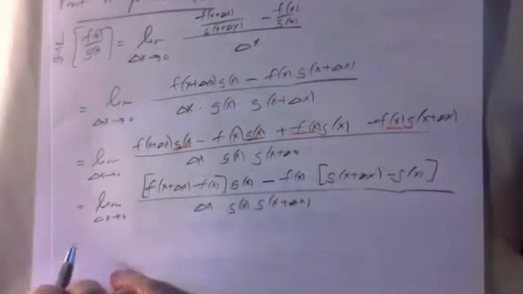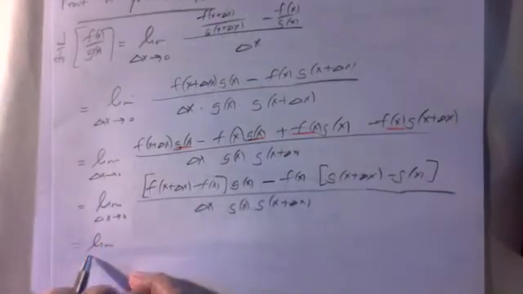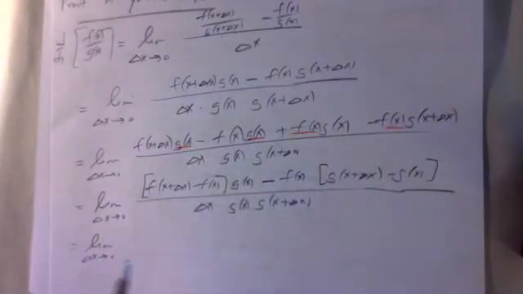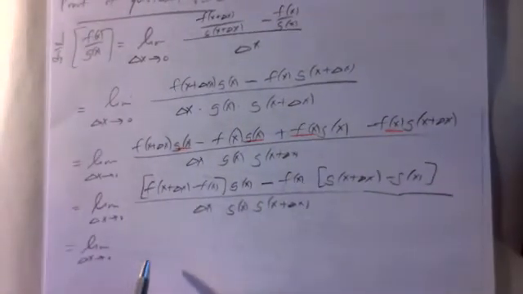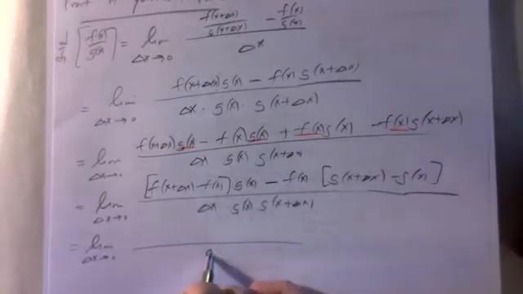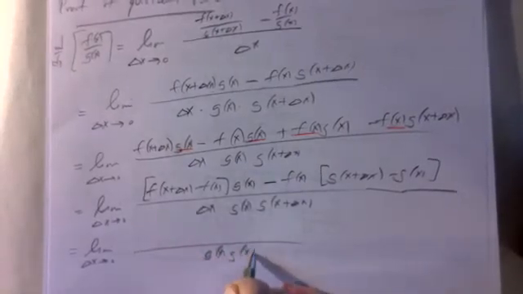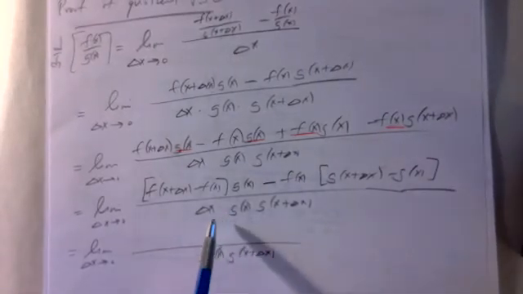And I'm going to write this as the limit as delta x goes to 0. Here I have g of x plus delta x.